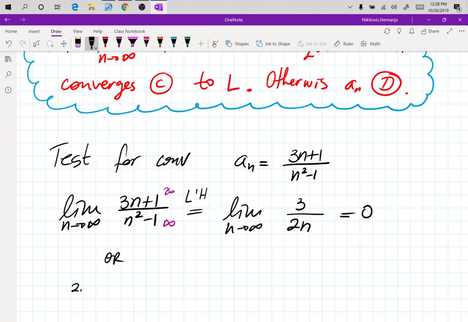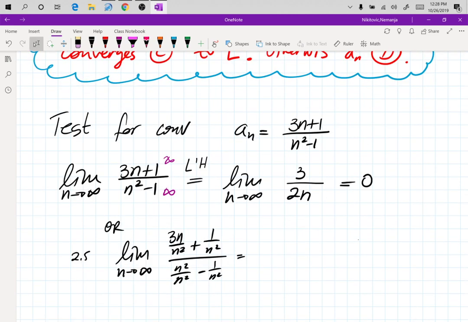or use 2.5: the limit as n goes to infinity of (3n over n squared plus 1 over n squared) divided by (n squared over n squared minus 1 over n squared) to solve it. This is what you have from there. So that's 3 over n, which goes to 0, plus 1 over n squared.